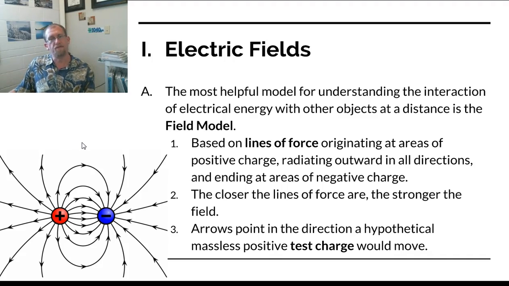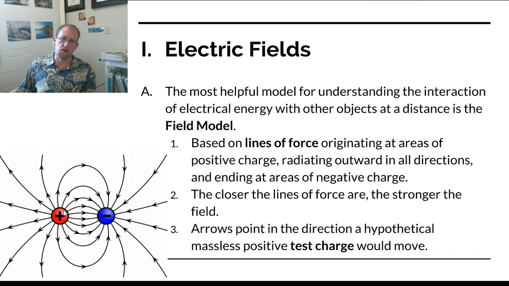So the field will be very weak right there. And so the closer you get, the more lines of force you encounter per unit area, the stronger the field is. So that's just a way of predicting field strength, okay? And again, these don't actually exist, but there are ways of helping us understand how fields work.